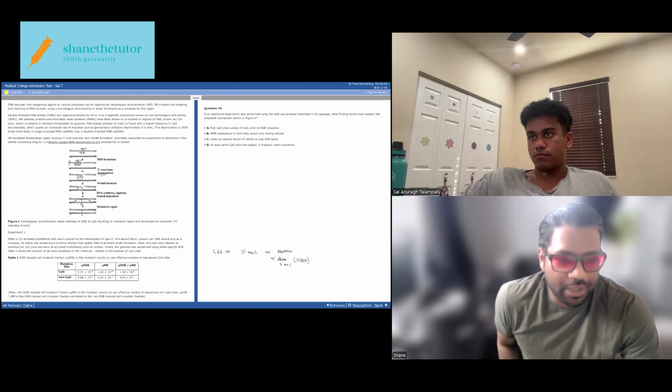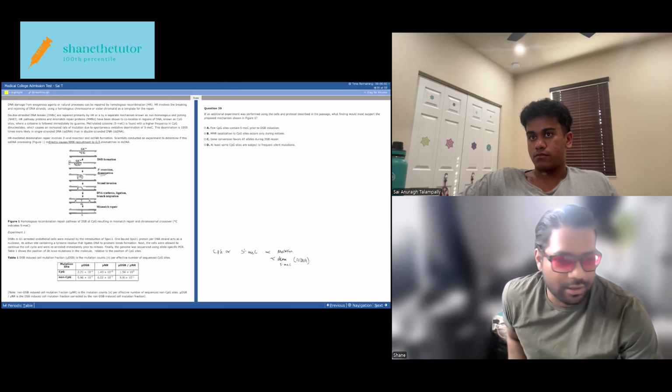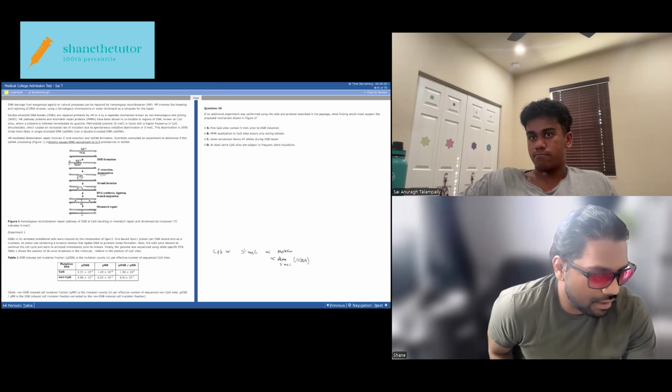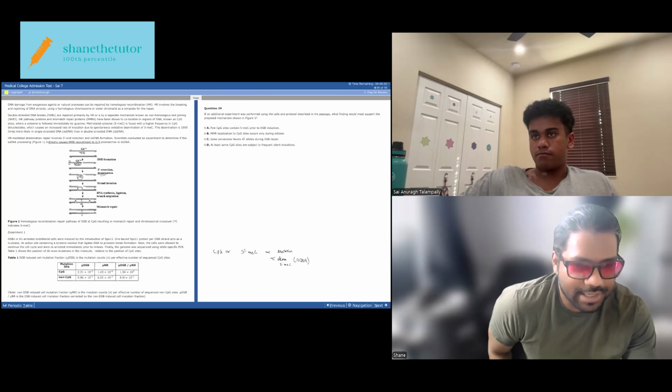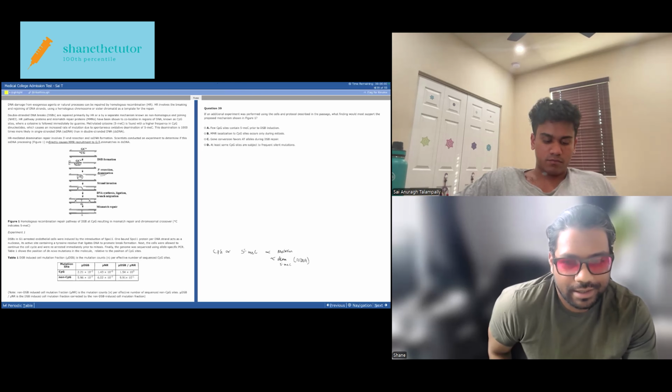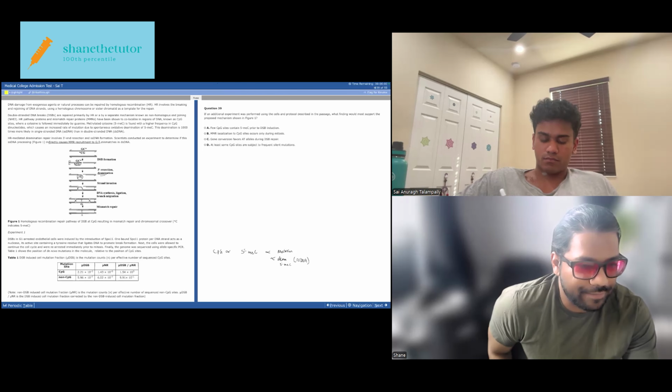Then in experiment one, they took these cells and induced DSBs, double strand breaks, and then measured the effect on the mutations.